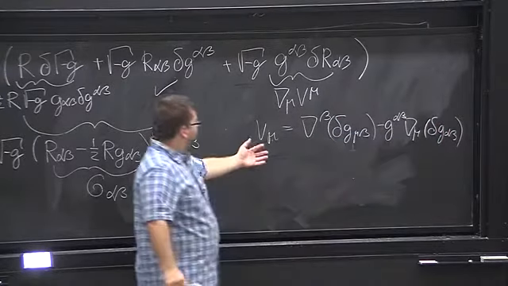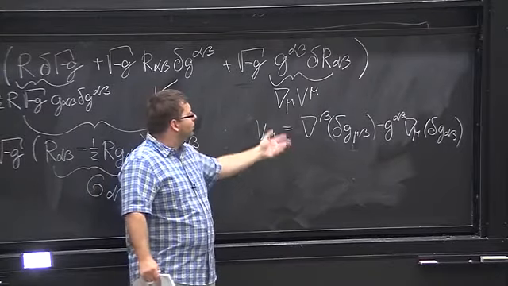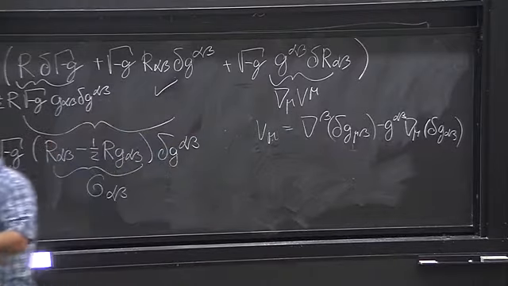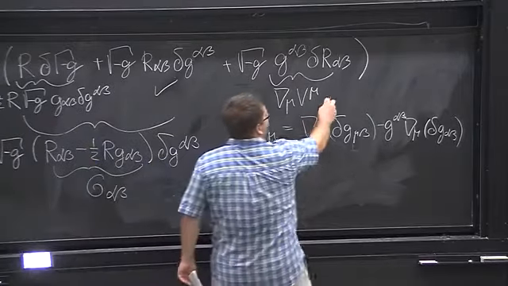The explicit form of V mu is not important. What is important is that the last term just gives you a total derivative, and so you can change it by Stokes' theorem to a surface integral. So this is just a boundary term.